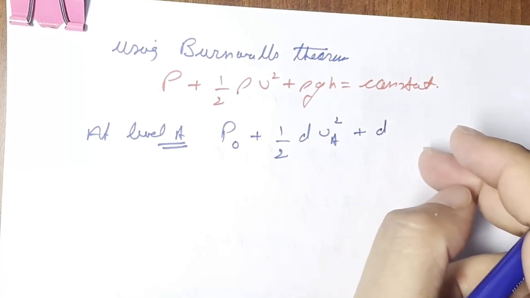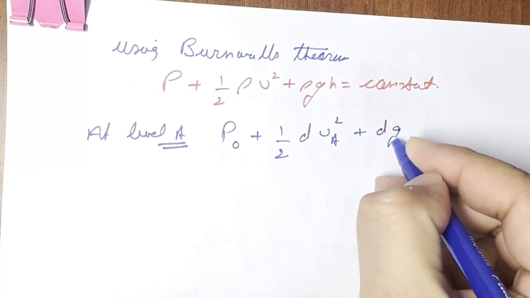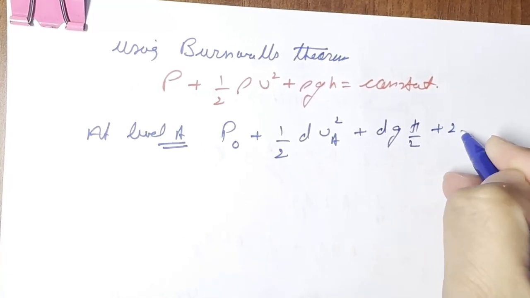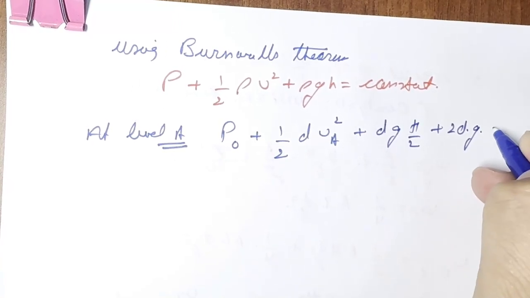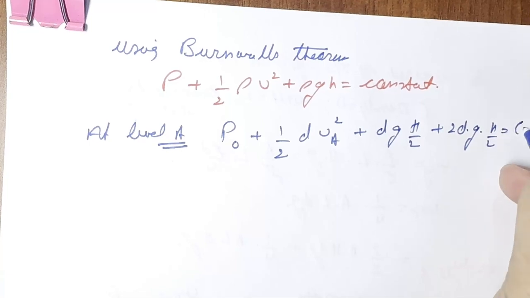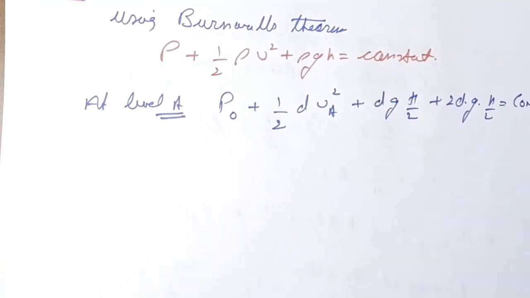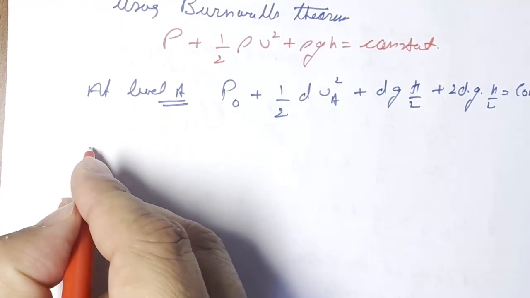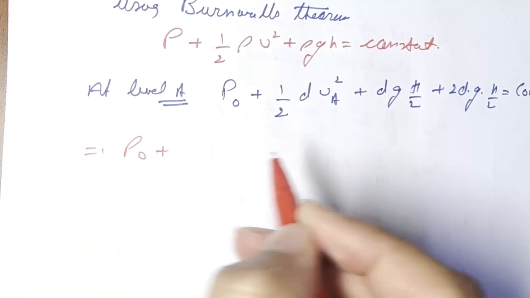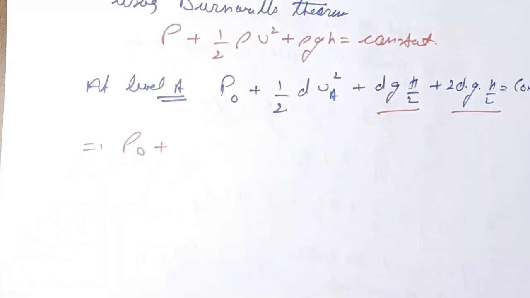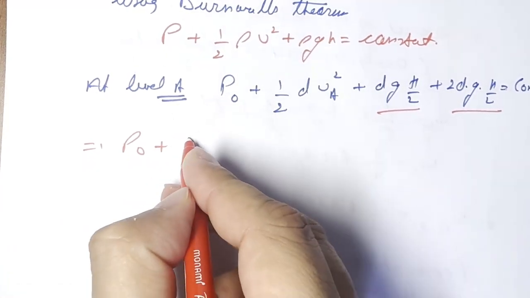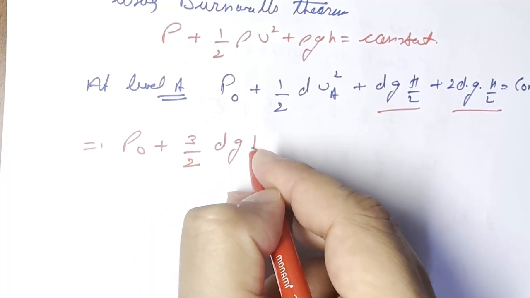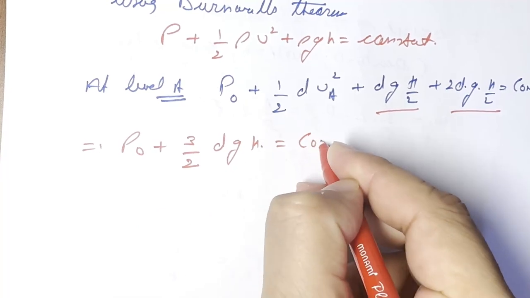It will have two parts, one because of density D and another because of the liquid of density 2D, and this will be equal to constant. If we solve it, VA is equal to 0, so we get P0 plus these two terms added up, giving us 3/2 dgH, will be equal to constant.